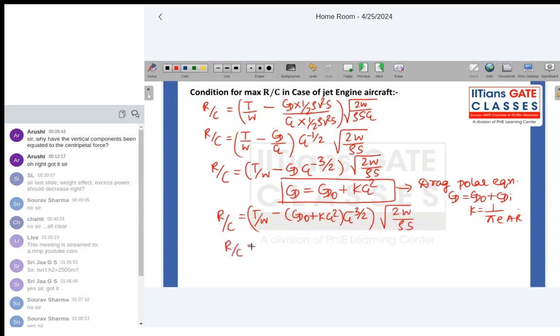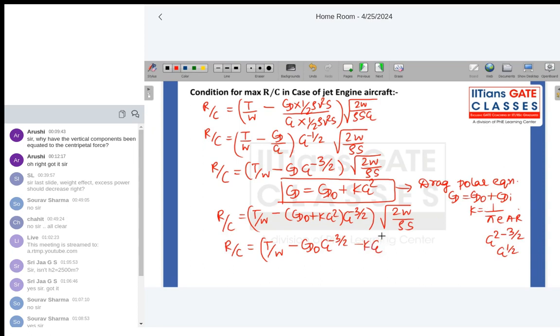If I further simplify, rate of climb is equal to thrust by weight minus CD naught into CL power minus 3 by 2 minus K into CL square into CL power minus 3 by 2 will become CL power 1 by 2. Substitute. Yes. Somebody have some doubt?